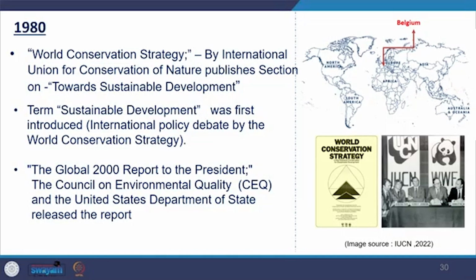In 1980, we see that the International Union for Conservation of Nature, IUCN, published the World Conservation Strategy. And in that particular section, they had a section on towards sustainable development.